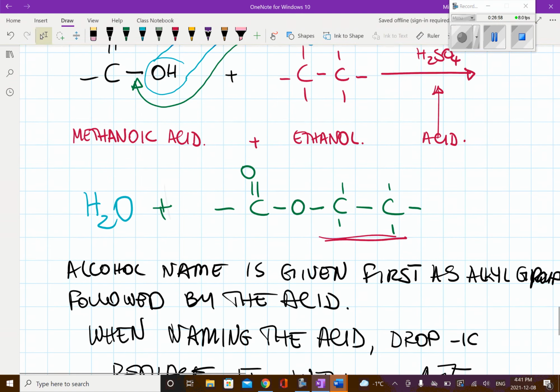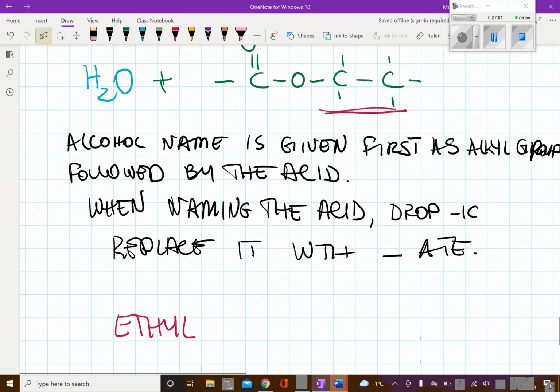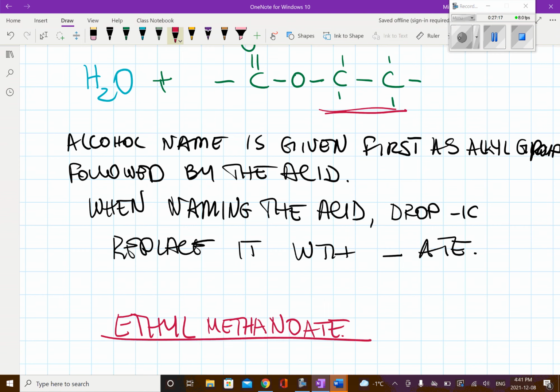We drop the IC and add ATE. So, ethyl methanoate. Okay, we'll do more examples like this in class, and this concludes the last video on naming, and we'll move to the reactions as well as the fractional distillation.